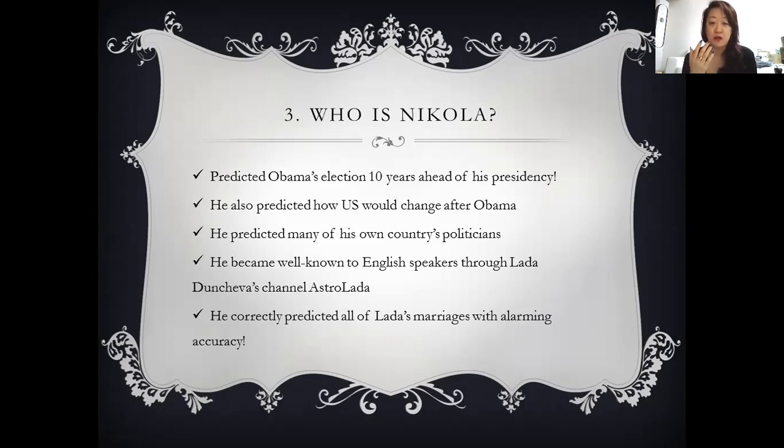And when you get a reading with Nikola, I'm not sponsored for this, guys. I'm just sharing my passion with you. Nikola actually did the rectification part for free, which is very rare. A lot of astrologers actually charge double or triple the amount of a normal natal chart reading just for the rectification. But Nikola doesn't charge that separately.